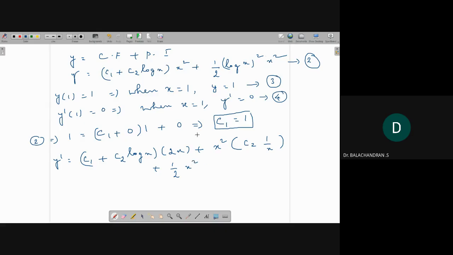So differentiate log x whole square, so 2 into log x into 1 by x, plus 1 by 2, okay, into log x whole square. So you should keep log x whole square. If you differentiate x square, you'll get 2x.